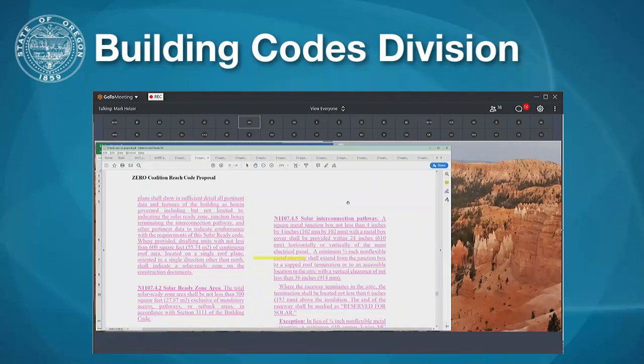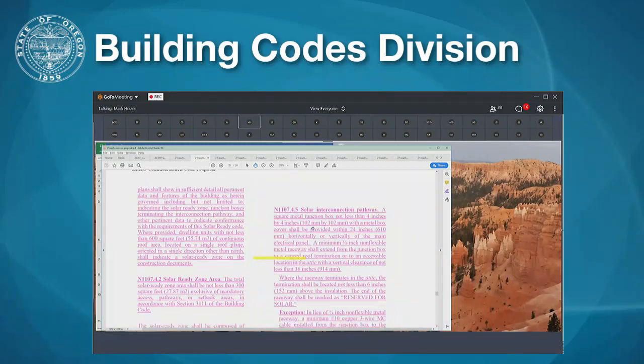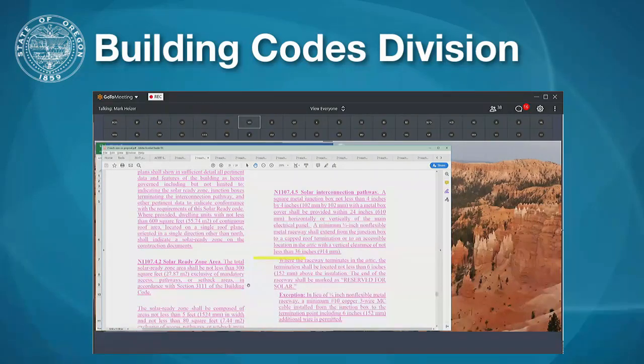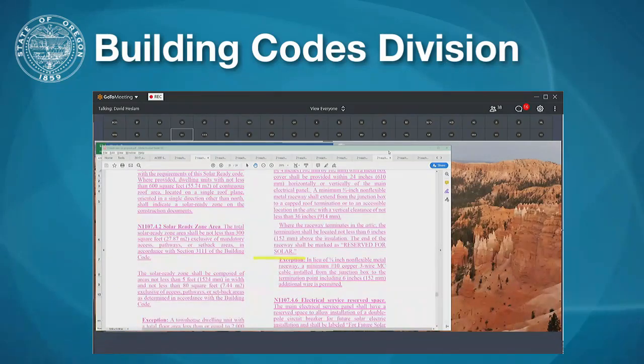David, from the Zero Coalition standpoint, did you receive additional feedback as well from the solar industry? Yeah, that was the basis that we worked from, Mark, as we solicited input from OSEA and from Solar Oregon about what they thought would work from the contractor point of view, and also input from the solar program manager at Energy Trust, who works a lot with the contractor industry.